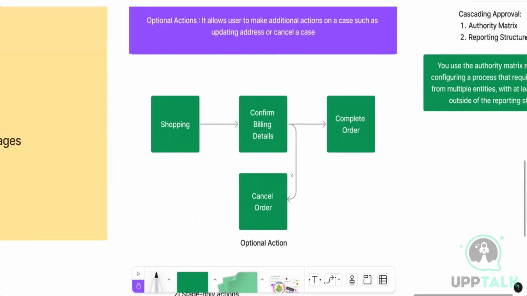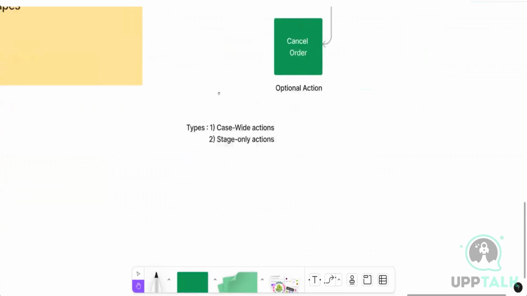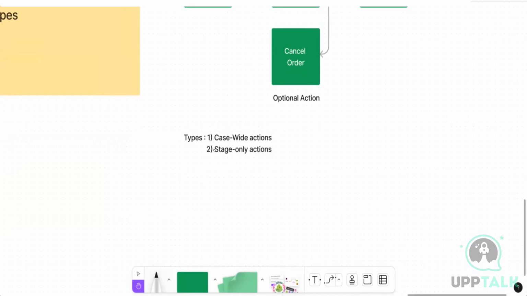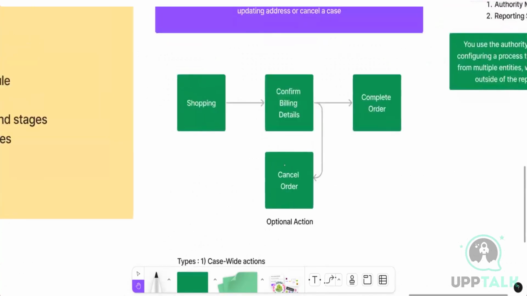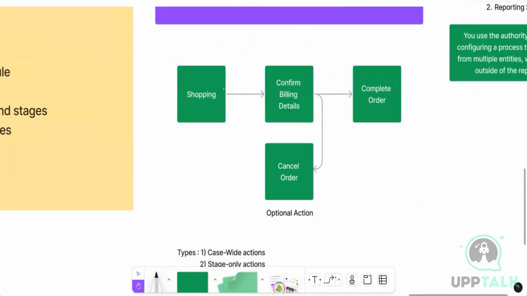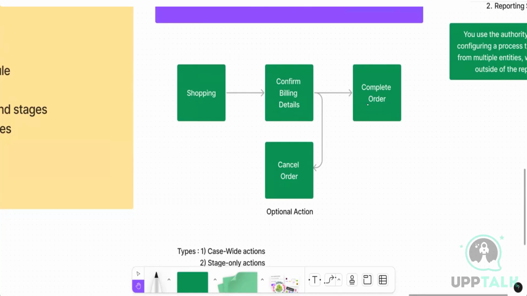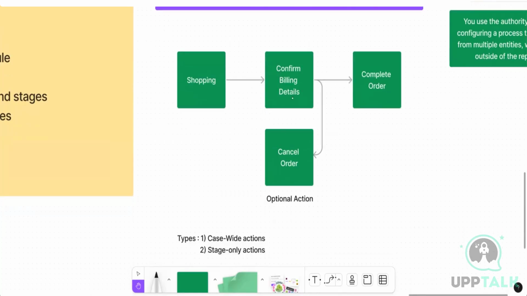Now, basically there are two types of optional actions Pega provides us. First is a case-wide action, and the second one is a stage-wide action or the stage-only action. So for example, shopping is a stage, confirm billing detail is a stage, complete order is a stage. And this cancel order you see is coming from confirm billing detail.